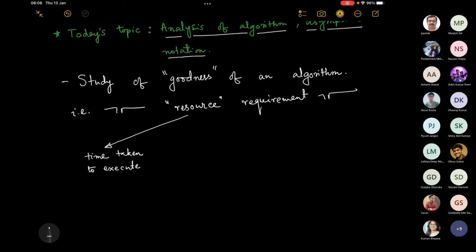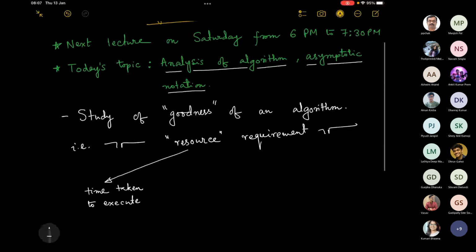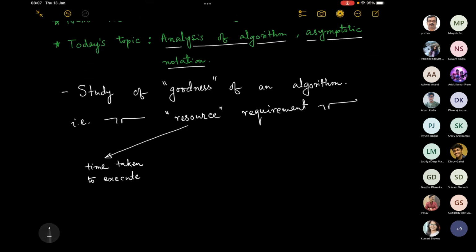From the start of the algorithm till the end of the algorithm when the output is produced, how much time has been spent. That is the most important resource in most of the applications, and we will be focusing on this resource most of the time throughout this course. This will be our benchmark. We will typically say that algorithm 1 is better than algorithm 2 if algorithm 1 takes less time than algorithm 2.